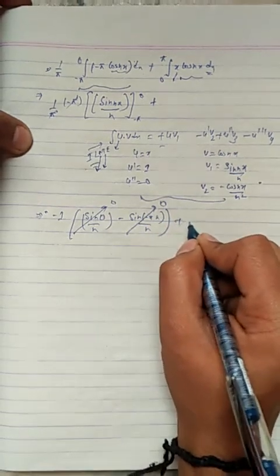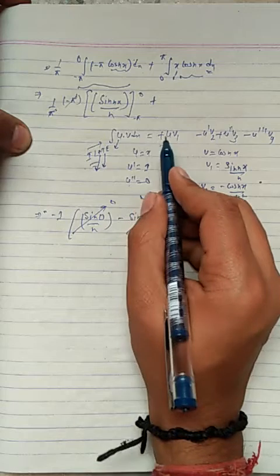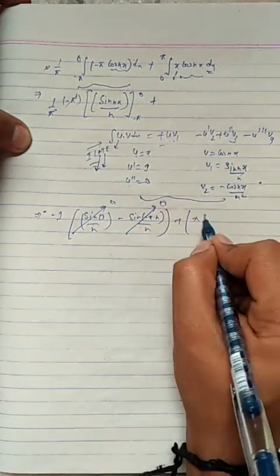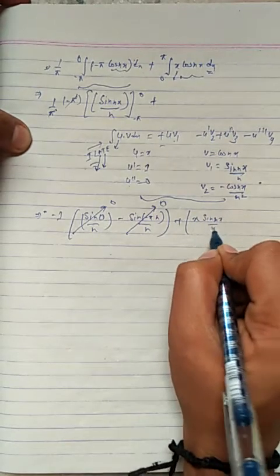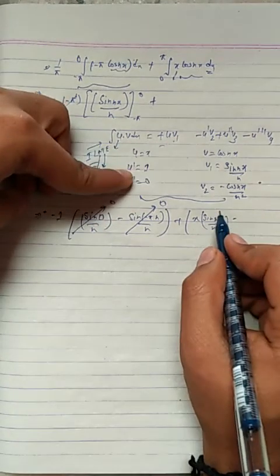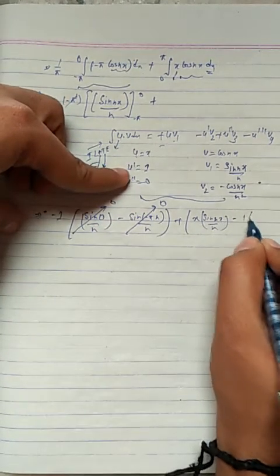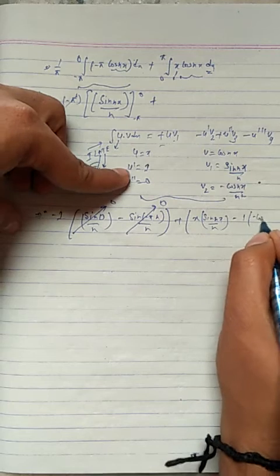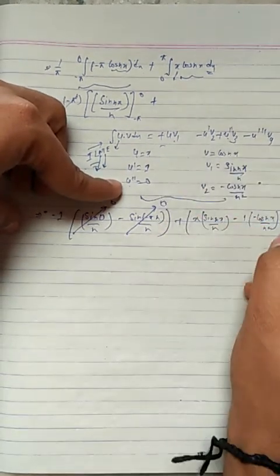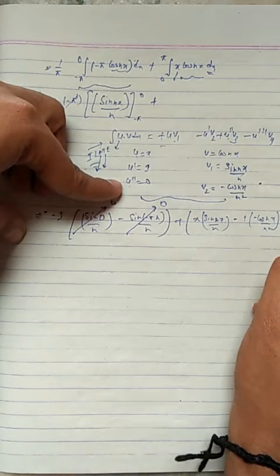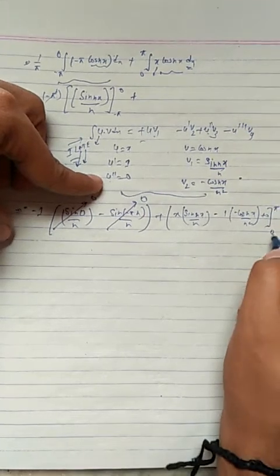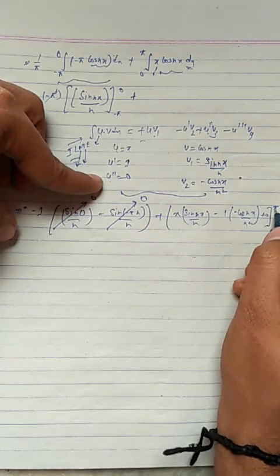Plus u is x, and v1 is sine of nx upon n, minus u dash, that is 1, into v2, which is minus cos of nx divided by n square, and u double dash is 0, plus 0, and so on. Limit is 0 to pi.